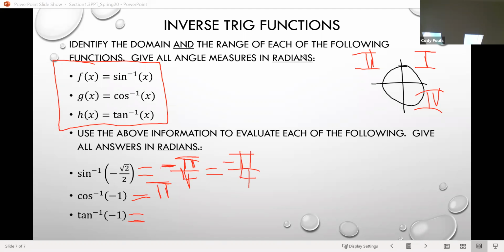They would also have to have the same magnitude because of this negative 1. So think about the fourth quadrant where sine and cosine have the same magnitude. That's one we looked at already, at 7 pi over 4. Or again, because we have to be in the range of negative pi over 2 to pi over 2, we're talking about negative pi over 4 once more. So there are our answers.